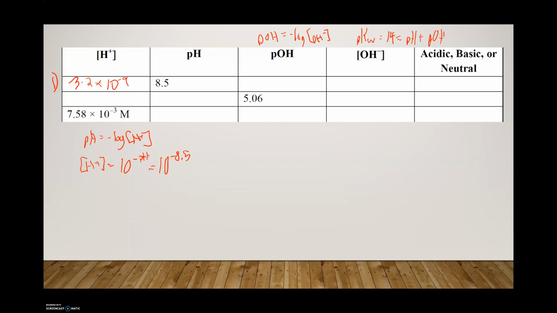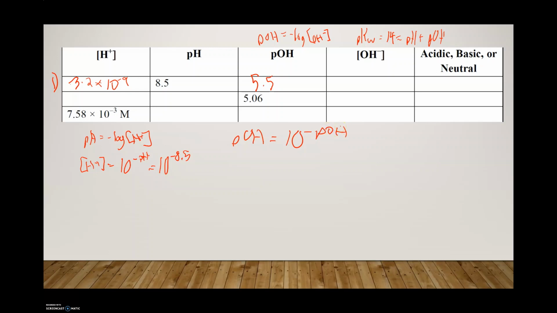Next thing we're going to do is calculate the pOH. To do this, all we do is 14 minus 8.5, and what we end up with there is 5.5. To get the hydroxide concentration, we'd use the same equation, but this time instead of using pH, we'll use pOH. So we're going to do 10 to the negative pOH.